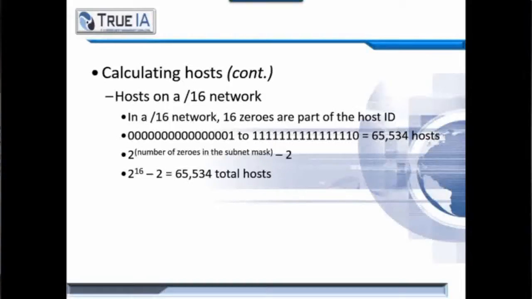So a little more quick math. If you wanted to calculate the hosts on a /16 network, you would recognize that there are 16 zeros as part of the host ID. That would give you roughly 65,534 hosts. The way this is calculated is you take 2 to the n, or 2 to the number of zeros in the subnet mask, and subtract 2, one for the network ID and another for the broadcast ID.